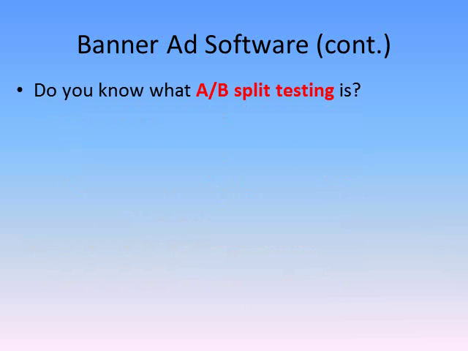Do you know what A/B split testing is? We really can't leave the topic of banner ad software without at least a mention of A/B split testing. A/B split testing is a type of testing that, in the case of advertisements, lets you test the effectiveness of two different banner ads, or lets you test the effectiveness of the wording on two separate ads.